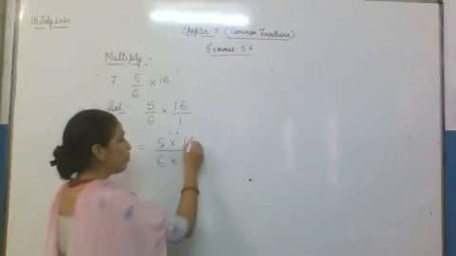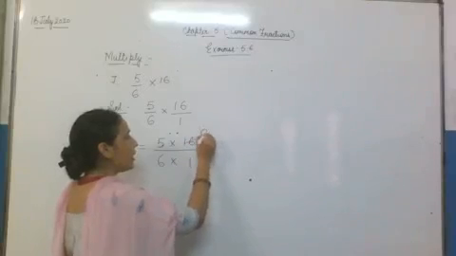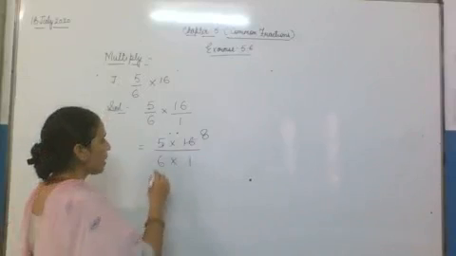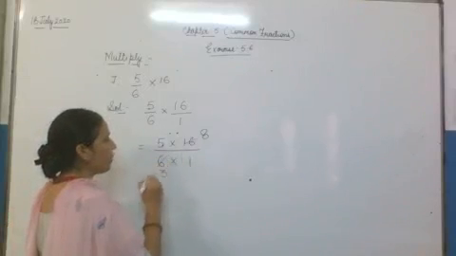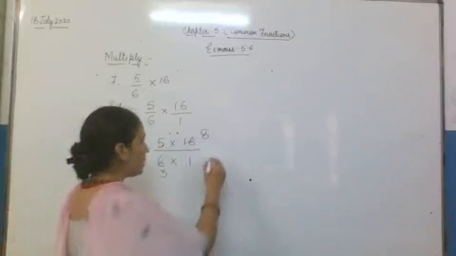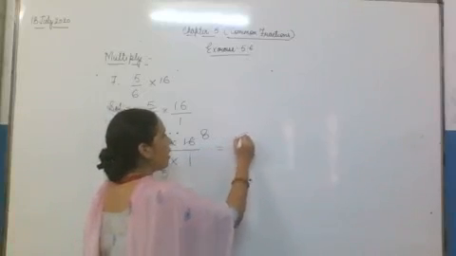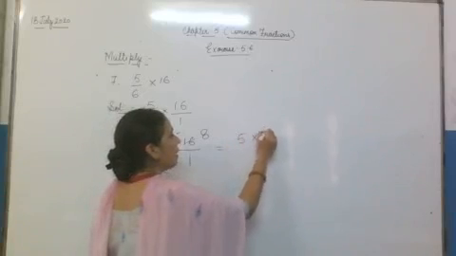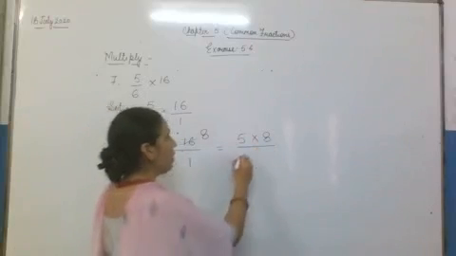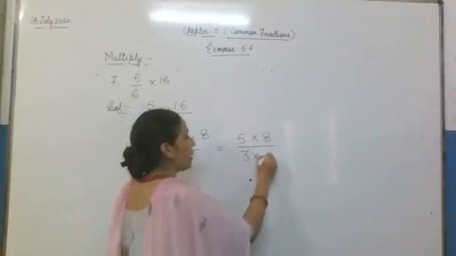How can we do it? Now 2 8s are 16, 2 8s are 16, and 2 3s are 6. Now what is left in the numerator, we will write down. Now 5 multiplied by 8, and 3 will be multiplied by 1.